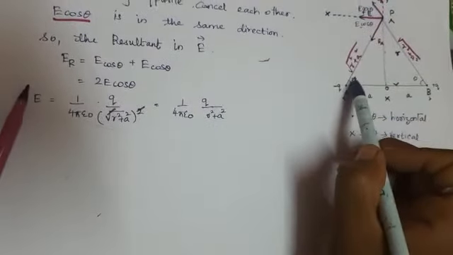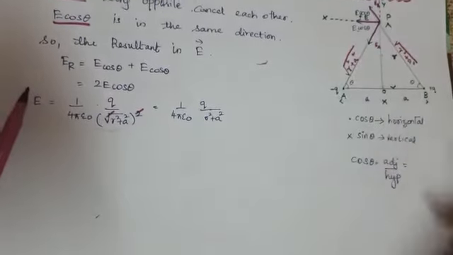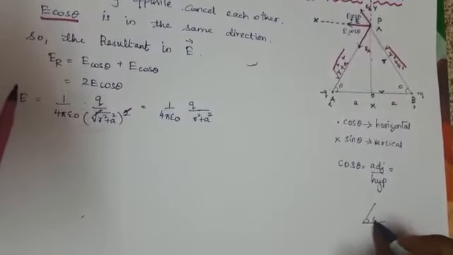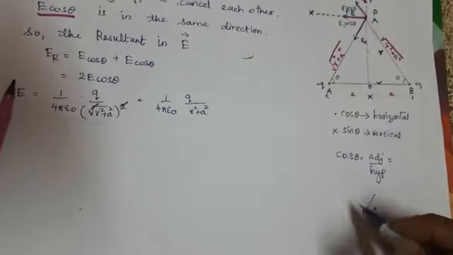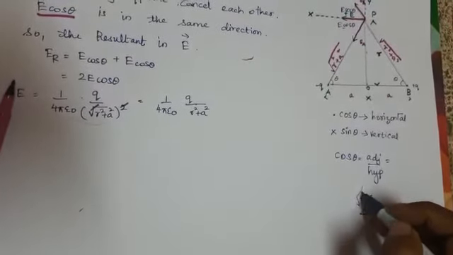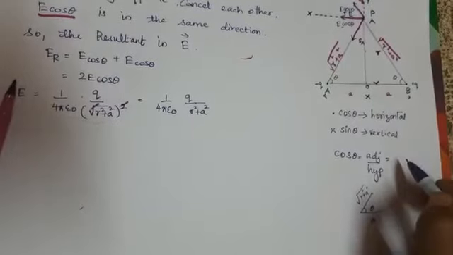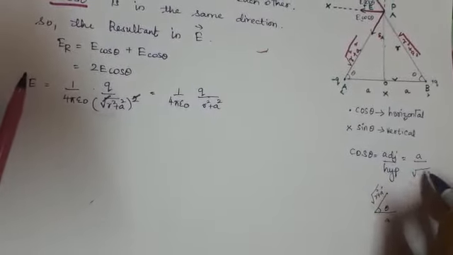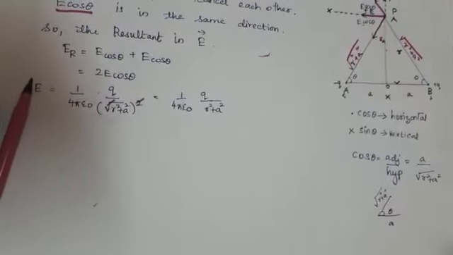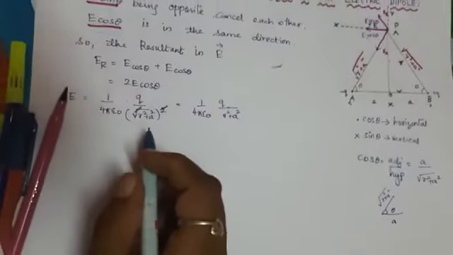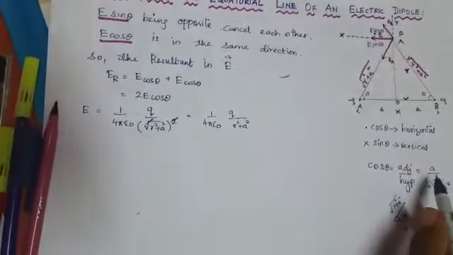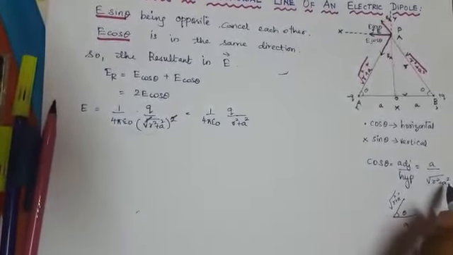If this is the theta, and if you're taking the angle like this, the adjacent is a, and the hypotenuse is root of r square plus a square. So the adjacent over hypotenuse is nothing but a by root of r square plus a square. You understood, right? Now from this I am going to take cos theta as a by root of r square plus a square.